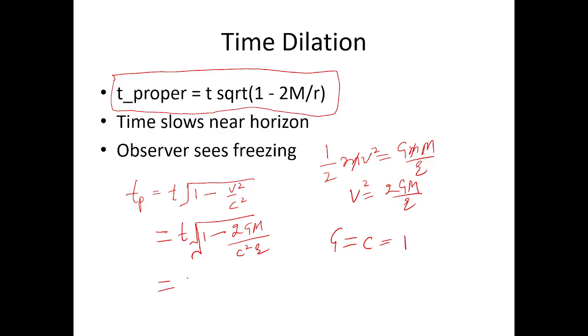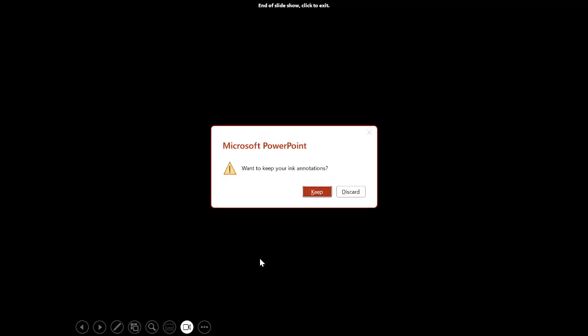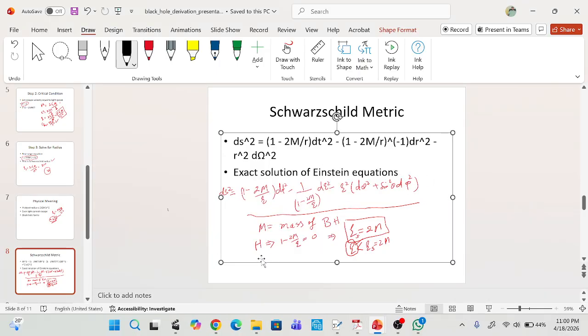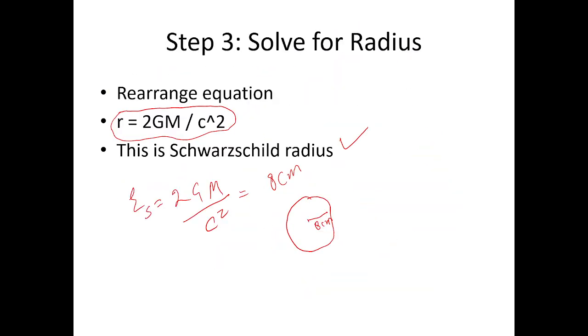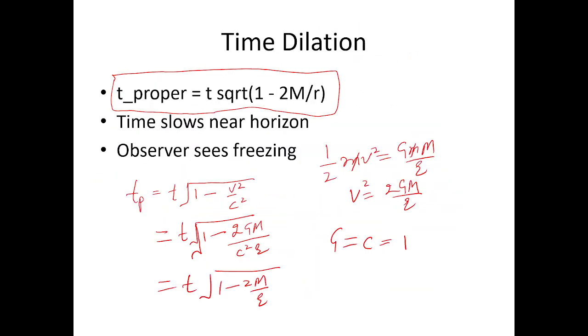In that case, we get the formula T under root 1 minus 2m over R. So this is the proper time formula.